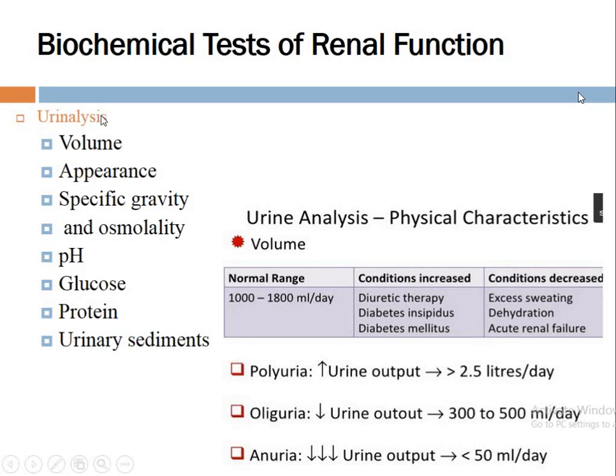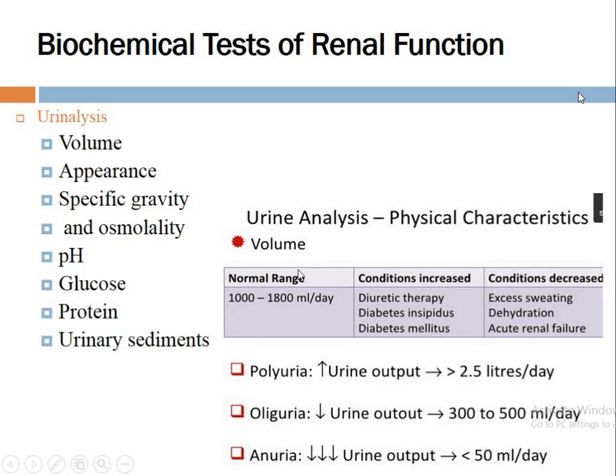When doing the urine analysis, we see whether the volume of the urine is normal or not, the appearance, the specific gravity, osmolality, the pH, and certain biochemical tests like presence of glucose, protein, or the urinary sediments.